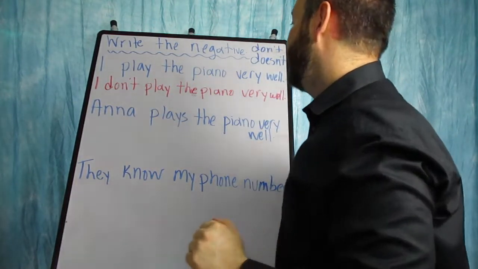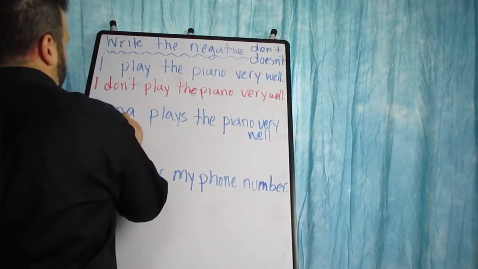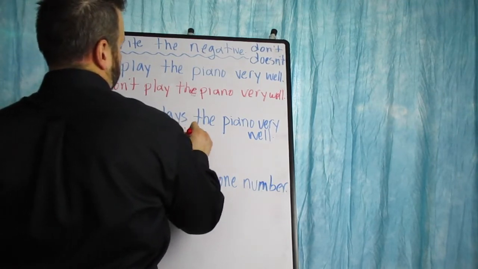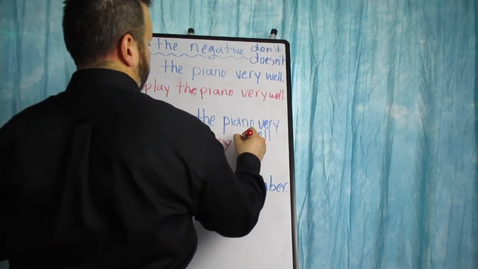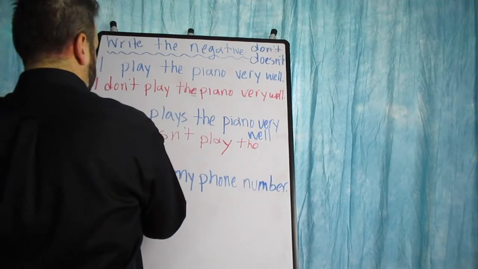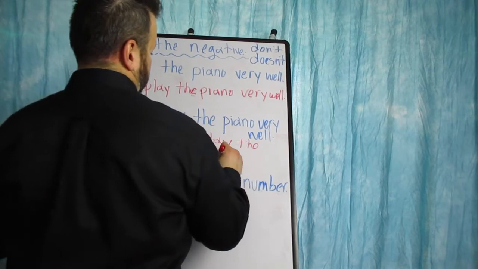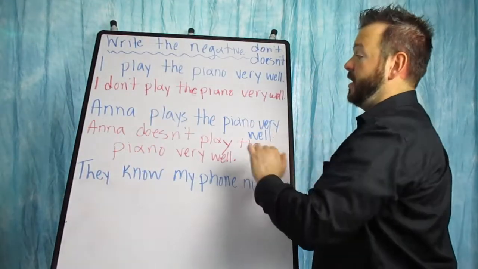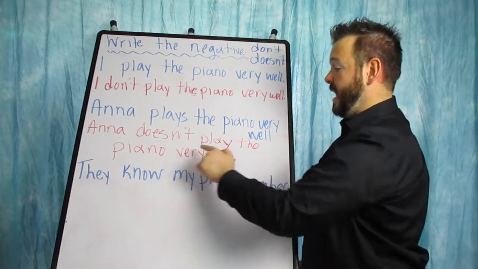Next sentence, Anna doesn't play the piano very well. So Anna plays the piano very well turns into Anna doesn't play the piano very well.